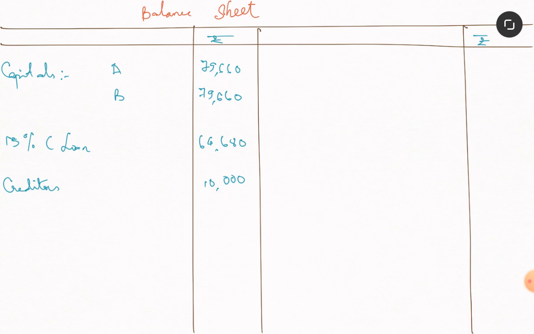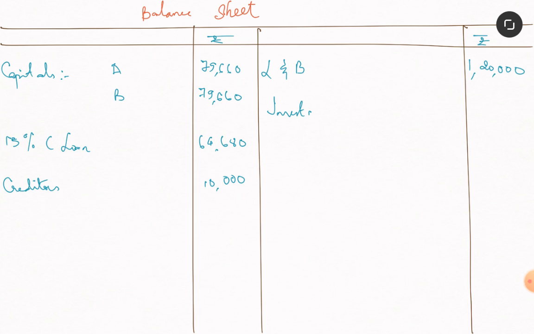Okay, so moving on. Now let us write up our assets account. Our asset side. So under the asset side, firstly, you have the first asset is land and buildings. Now, in case of land and buildings, you had an increase of 20,000 and the next new figure is rupees 1,20,000. And next you have investments.